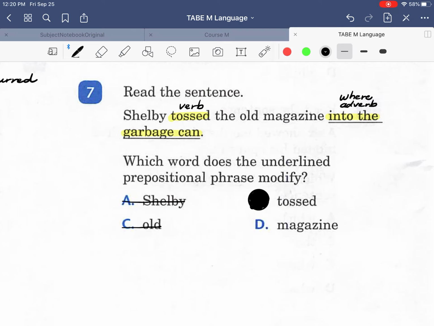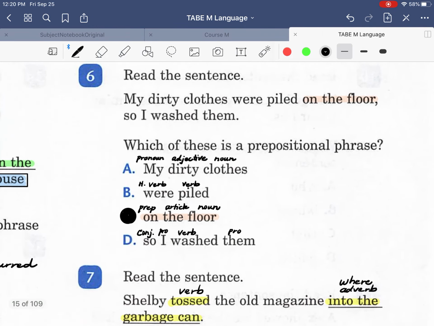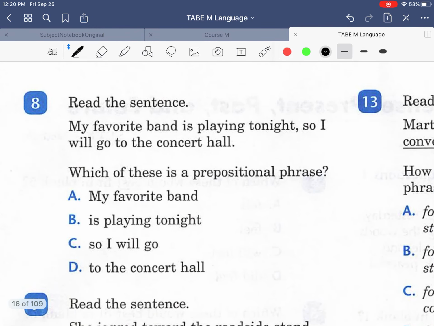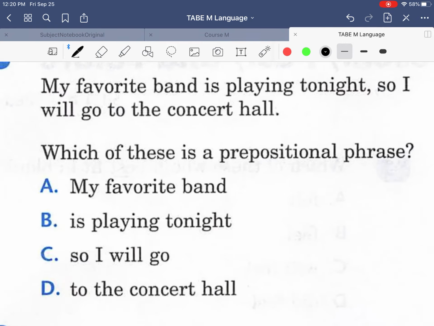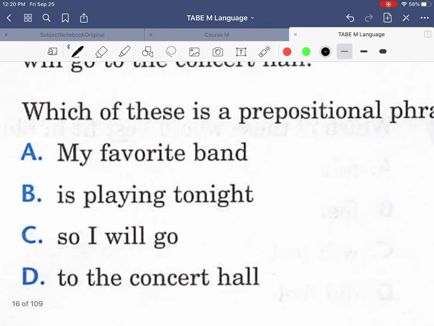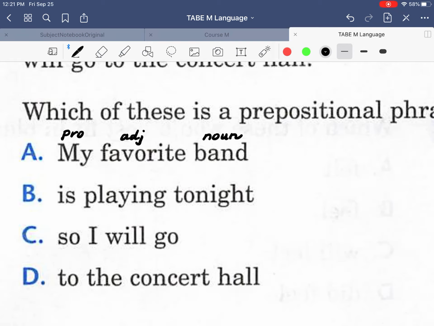Okay, number 8. Read the sentence. My favorite band is playing tonight, so I will go to the concert hall. Which of these is a prepositional phrase? Where could the mouse go? Let's break them down and see, according to the rules of English, why it's a prepositional phrase. This is a pronoun, adjective, noun. That is not a prepositional phrase.